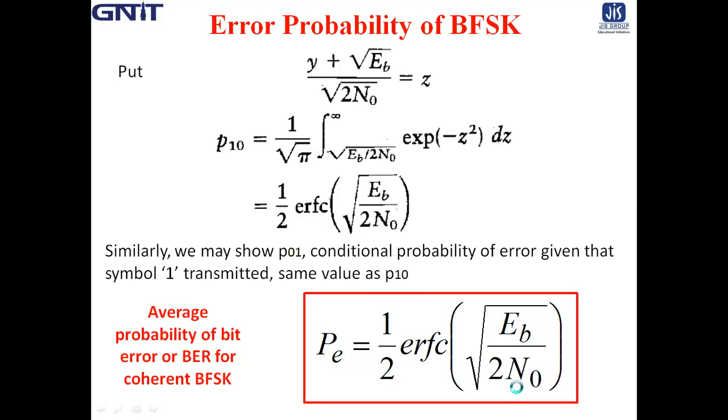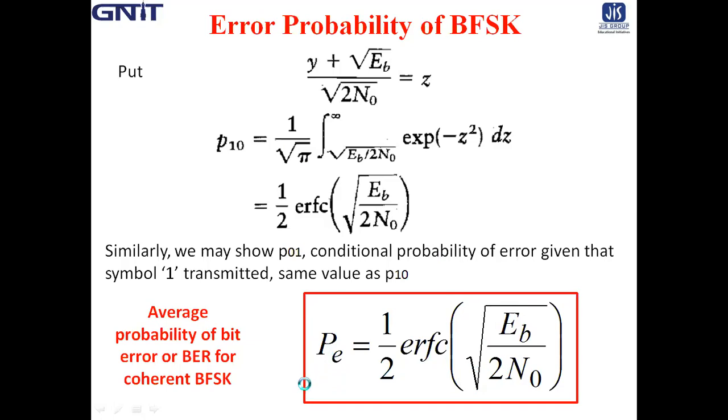And comparing this, obviously this part is lower. If we compare it with BPSK, then obviously the error probability of FSK is higher than the error probability of BPSK, because the argument of the complementary error function is lower, so ultimately the error probability will be higher compared to the BPSK system.